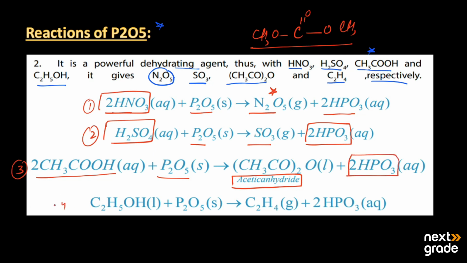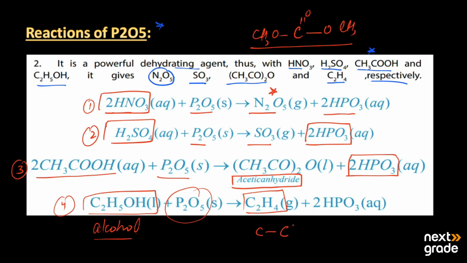The fourth reaction we have is with an alcohol. On reacting with alcohols, the oxide of phosphorus produces C2H4, which can be written as CH2=CH2.